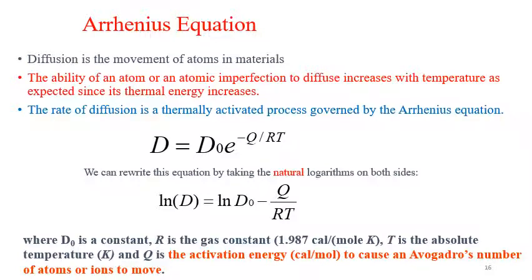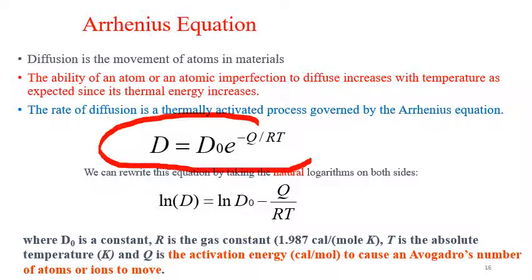Now in order to accelerate this diffusion, if there is no concentration gradient existing between two parts of a crystal, then how can we initiate the diffusion? We can initiate it by supplying some energy, which we call activation energy, Q. The relation between diffusion and diffusivity with the activation energy and temperature is called the Arrhenius equation.